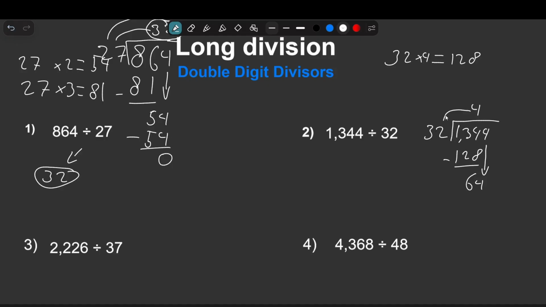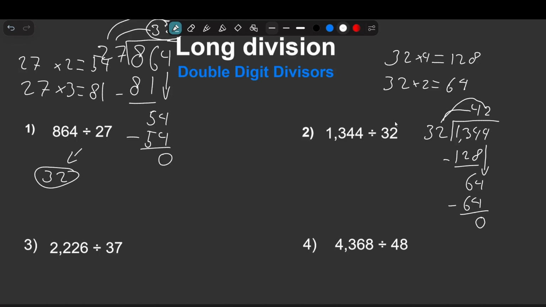So how many whole groups of 32 fit into 64? Well, 2 whole groups of 32 fit into 64. So now we're going to multiply one more time, and 32 times 2 equals 64. Now we have to subtract these two numbers like this, and 64 minus 64 will equal 0.